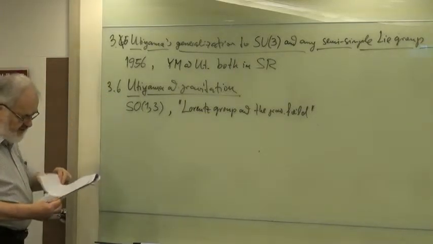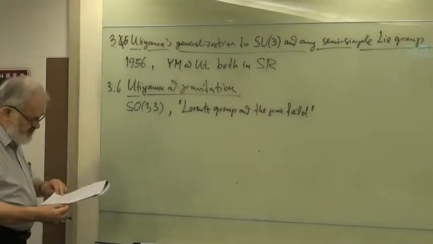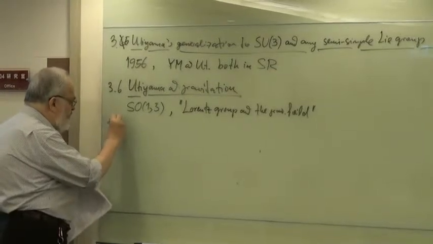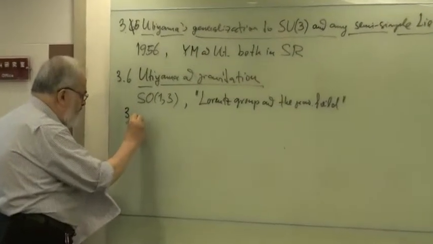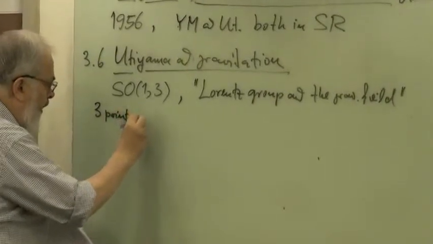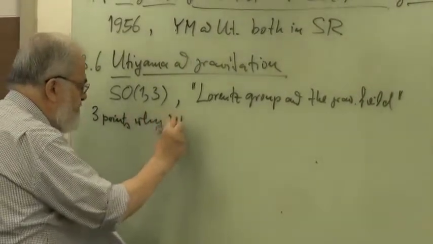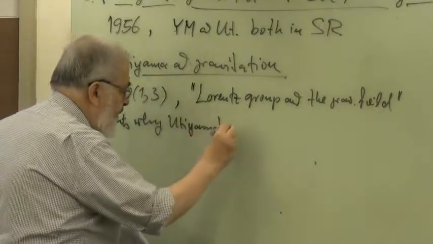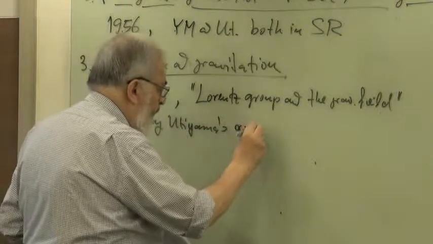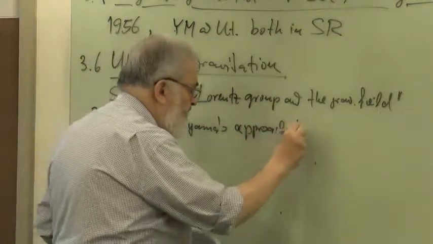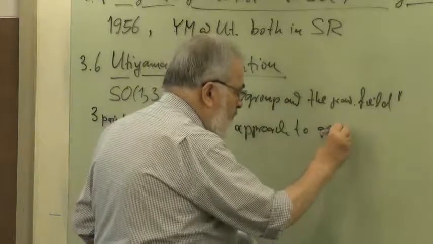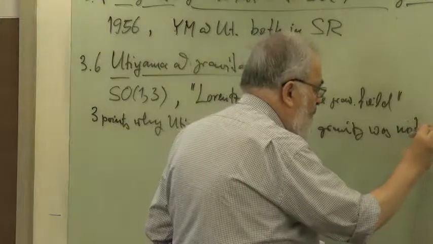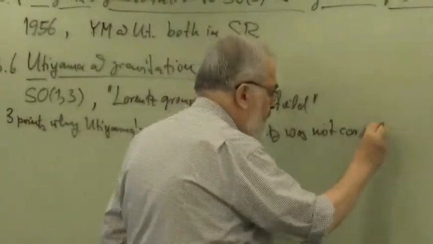So I have basically three points why Utiyama's approach to gravity was not completely satisfactory.